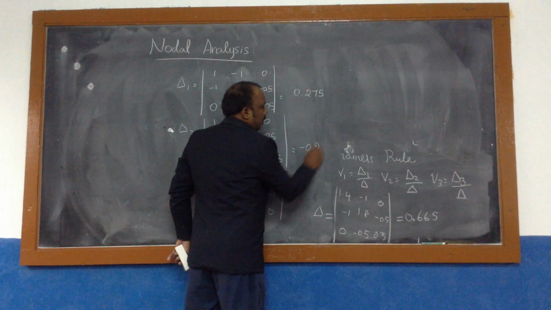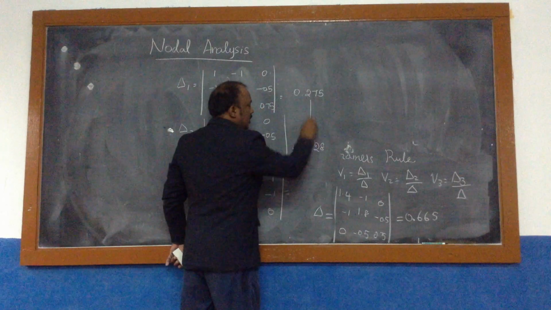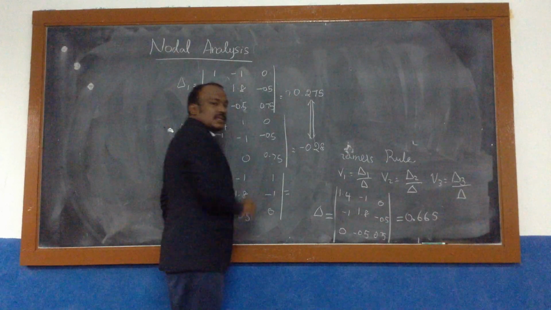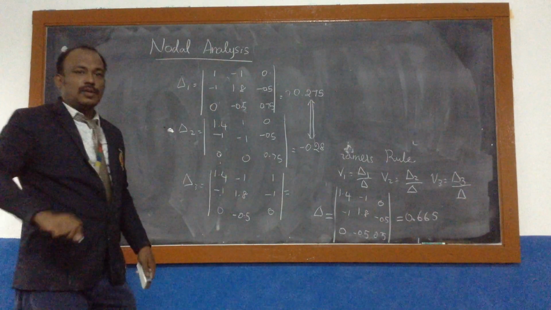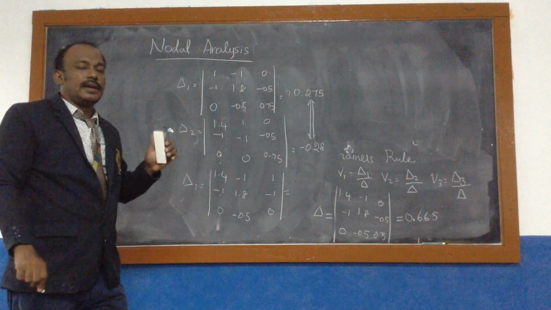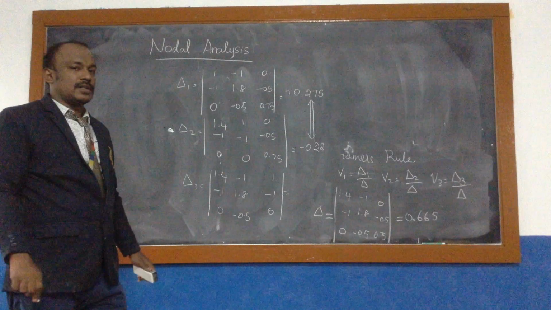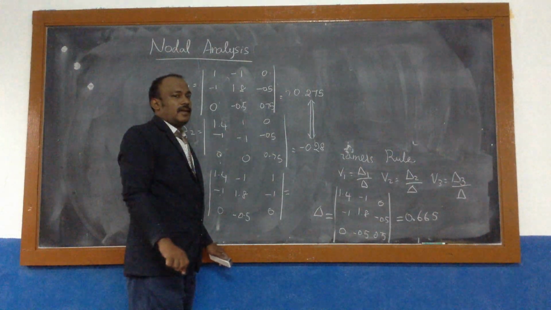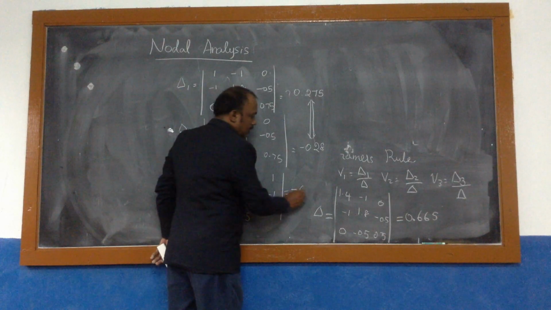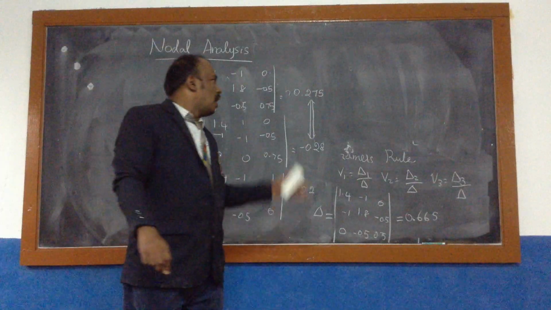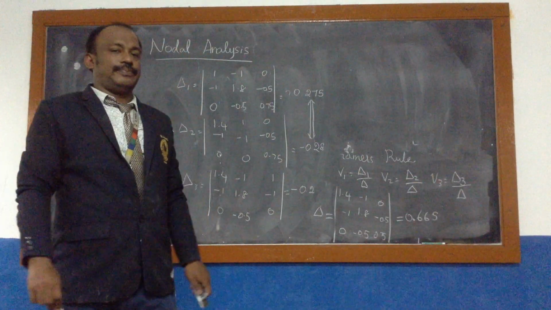Minus 0.28. You can compare these two, almost equal, but what is the sign here and what is the sign there? So when you are doing calculations, do them very carefully. Similarly, tell me the third value. Minus 0.2 is the answer.